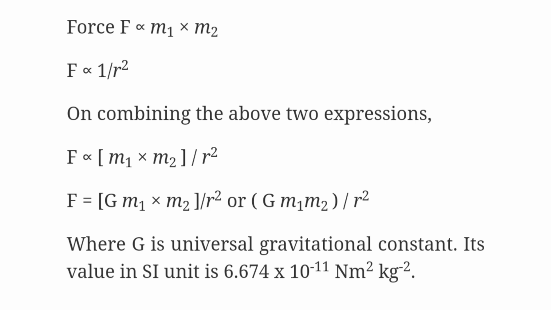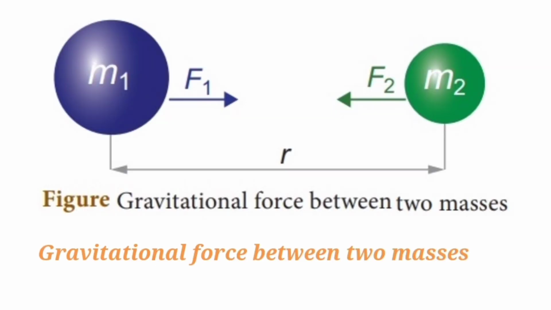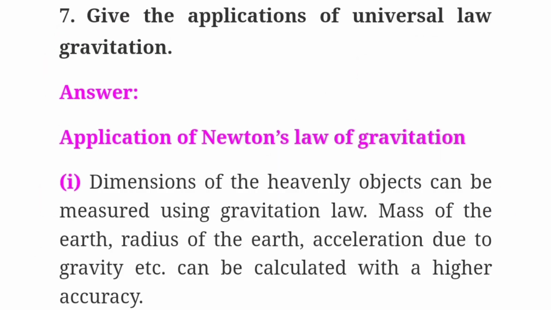Its value in SI unit is 6.674 into 10 to the power of minus 11 N m squared kg to the power minus 2. Gravitational force between two masses, write this down.